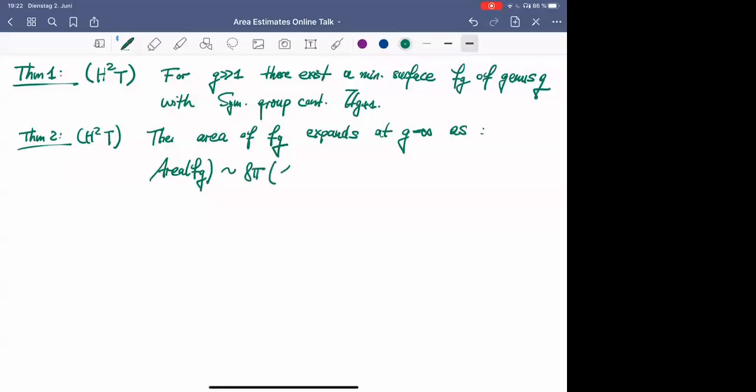So that's my limit. So 1, it should be there, but then we have log 2 over G plus log 2 over G² plus something bigger than G cubed. So the approach we use recomputes or reconstructs the Lawson surfaces in a way that we have more data of it, namely the area.